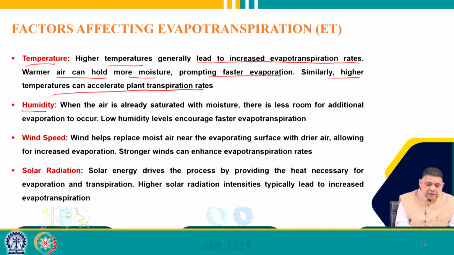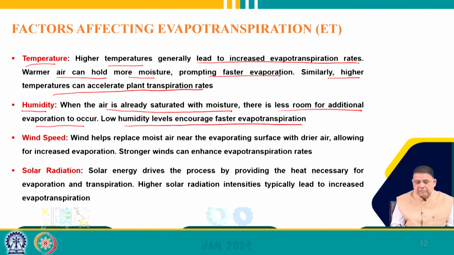Then humidity. When the air is already saturated with moisture, there is less room for additional evaporation to occur. Low humidity levels encourage faster evaporation. So, if it is a humid condition, obviously the vapor pressure difference will be very low. That means the evapotranspiration value will be low, but if the humidity is low, that means there is a larger difference between Ew and Ea, and larger evapotranspiration could occur.